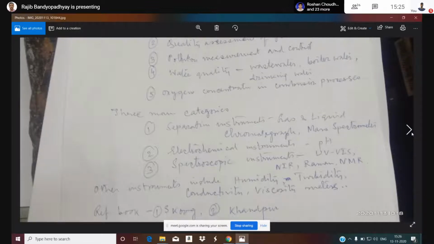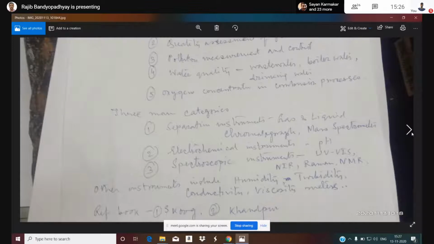This amperometric measurement is used in glucometers, which most of you must have seen, for measurement of blood sugar. When a drop of blood is given to the meter, there is a current through it, and that current tells you the amount of blood sugar present in that sample.